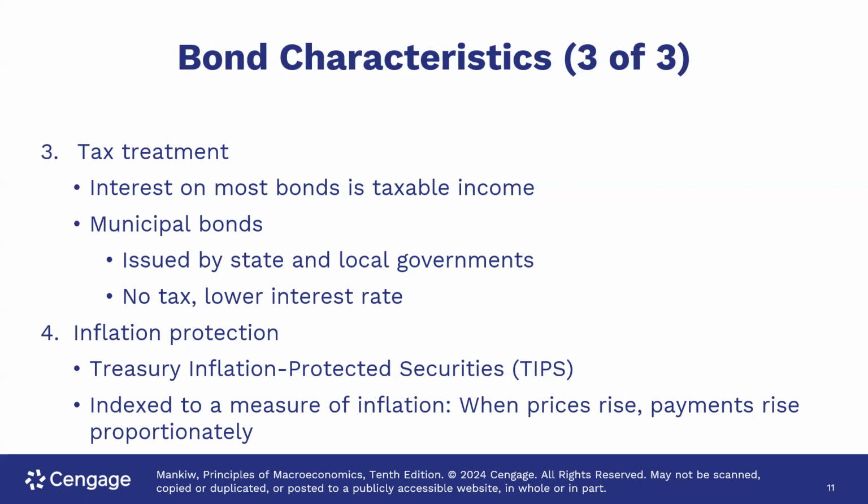So if the inflation rate is high, you will get a higher interest income. If the inflation is low, your income will be relatively lower. In this way, your real income is protected from the change of prices.